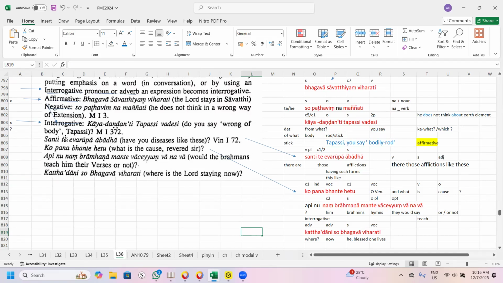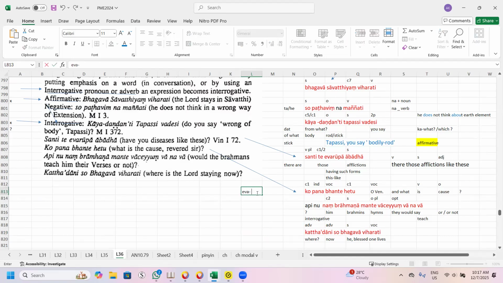The next line here is santi te eva rupa apada. Santi is a verb, meaning there are. Then this is those. The word eva you must remember.